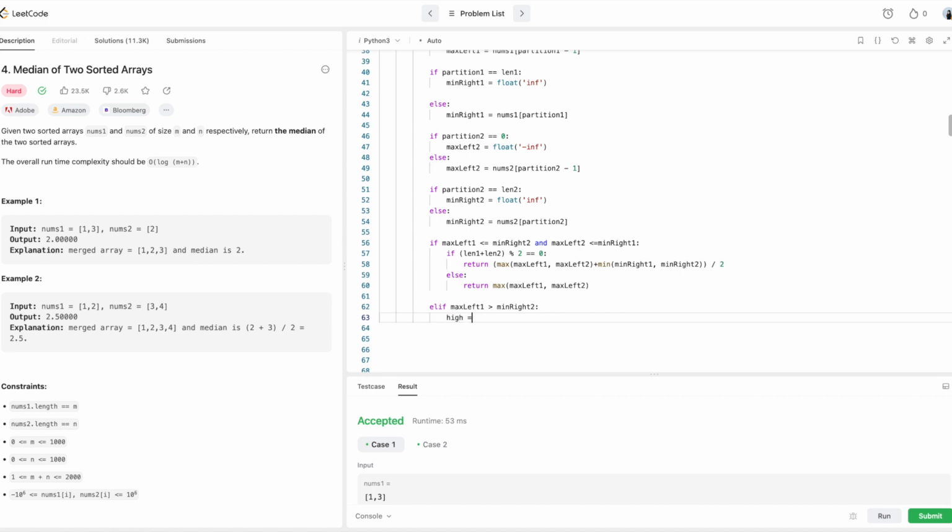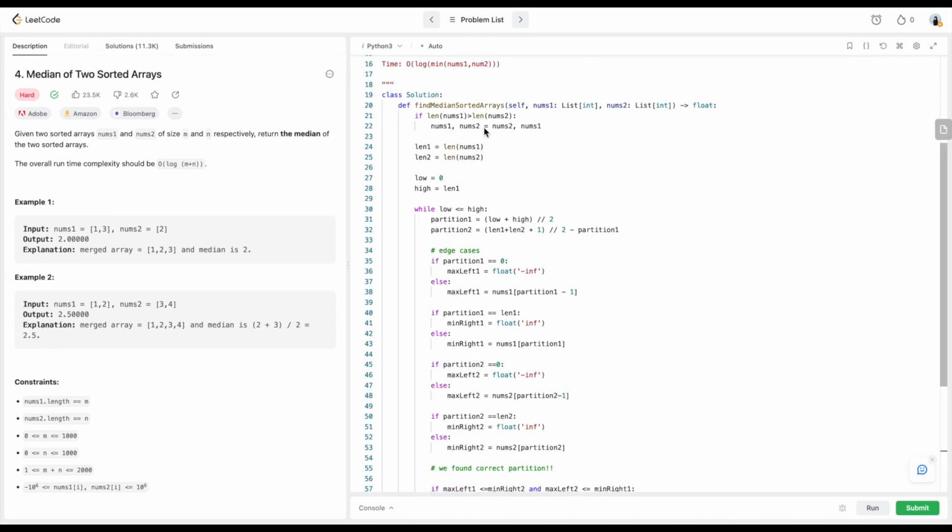So high would just equal partition 1 minus 1. And then else, we need to move our pointer the other way. Low equals partition 1 plus 1. So this is the final code, and let's try to submit it.